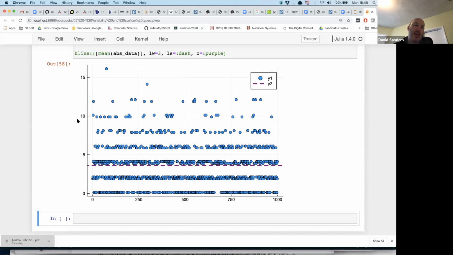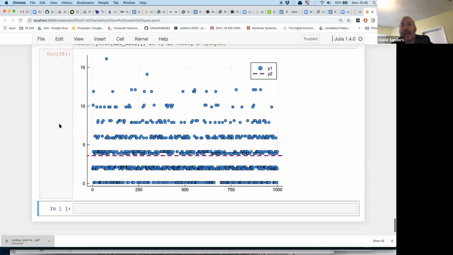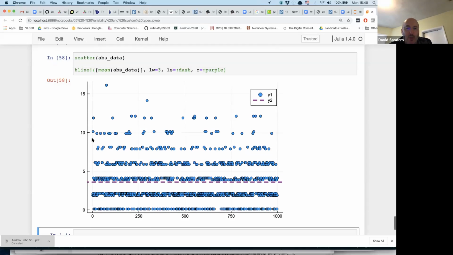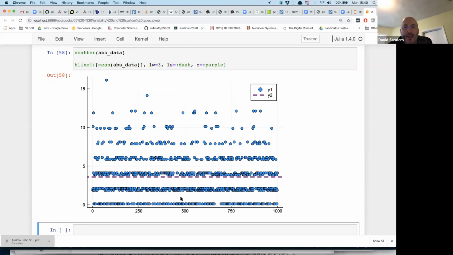So there is the mean of this data. That is a measure of how far away it goes. Of course, looking at this picture, it doesn't seem like a very good measure. But let's ask the question, how much of the data lies between there and there?